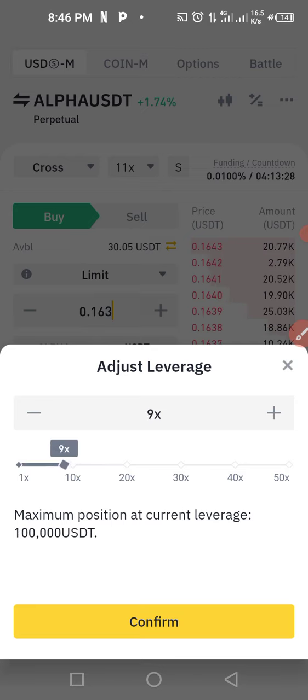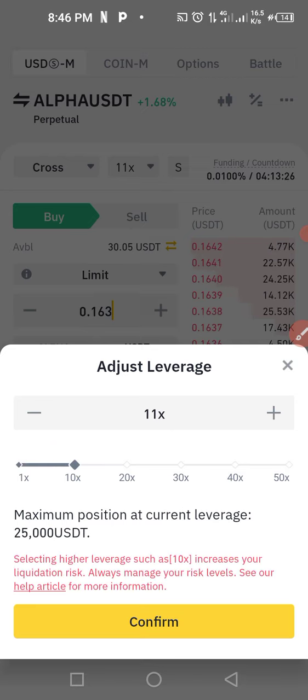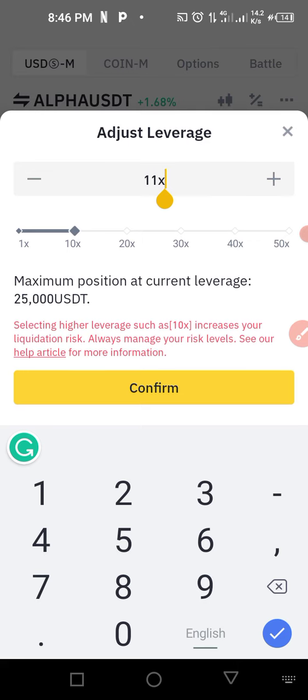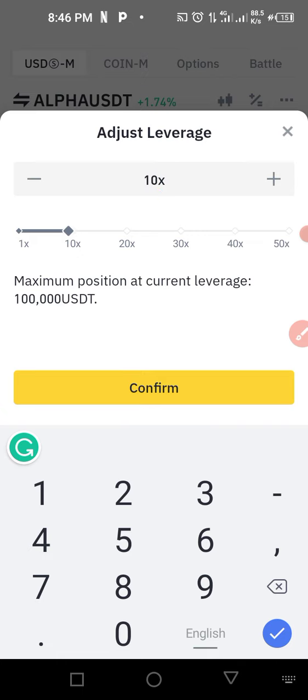So if I'm trading with 10x, you can change it with this arrow, and you can also type it here. Let's assume I want to trade with 10x. Now, it means that if I'm entering the market from my margin mode, the fund I have in my account, I want to use $1 and I use 10x leverage. It means that 10 times 1, which is what? $10.